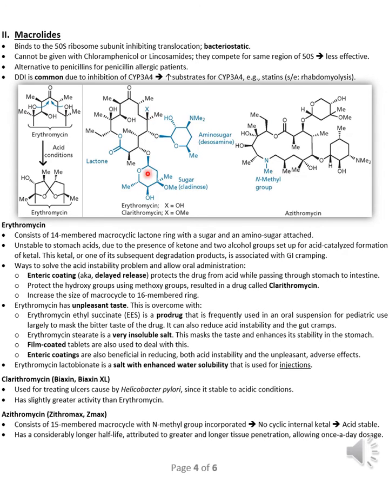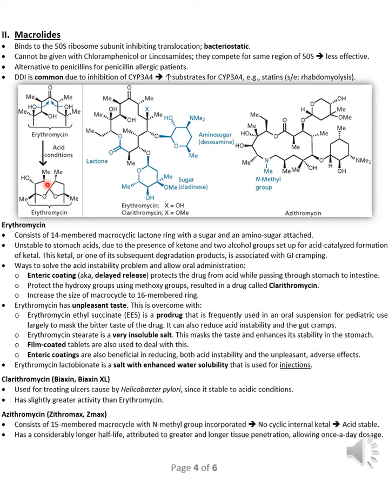X in the erythromycin would be an OH. So in acidic conditions, these will react to result in a ketal cyclic internal structure that is actually unstable, and its degradation products are believed to cause the GI cramping.